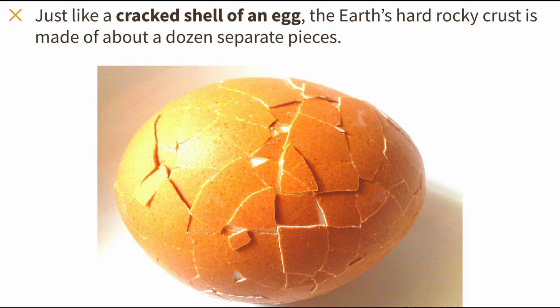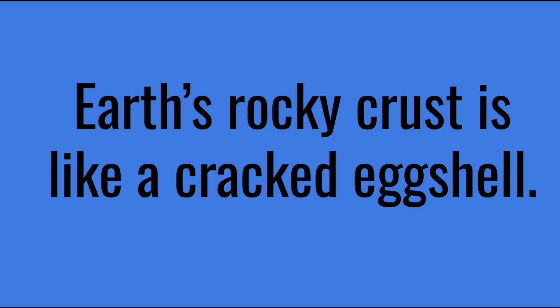The Earth's crust is not one solid ball of rock like an eggshell that's unbroken. It's actually more like this picture. It's cracked into a bunch of pieces, just like the cracked shell of an egg. Let's write this down in our notes, press pause, and then hit play when you're ready to continue.